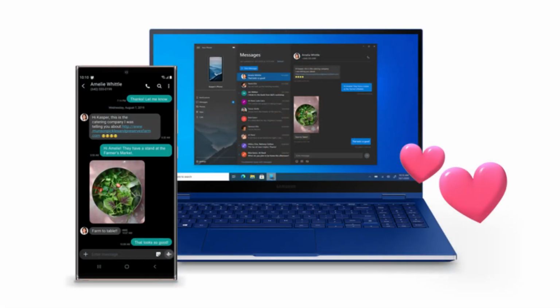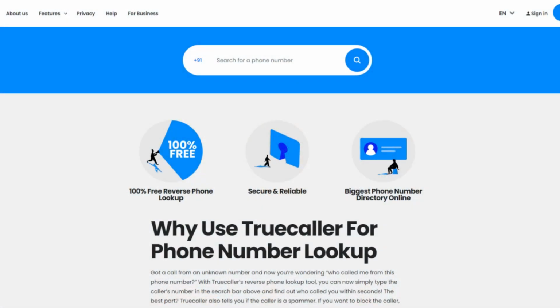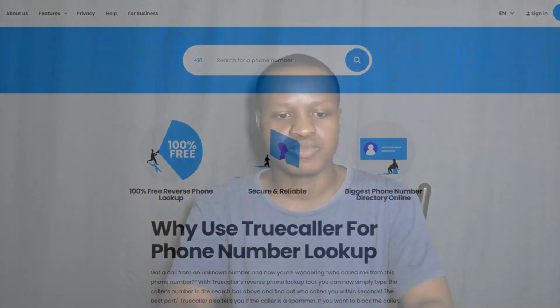I know what you may be thinking. You may be thinking something similar is already possible on Windows for both Android and iPhone devices with the Microsoft Phone Link feature. Well, yes, but Truecaller client also includes a company phone lookup feature, which you cannot find on other phone link features.